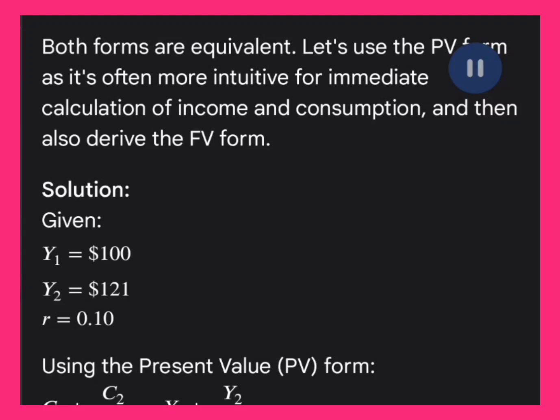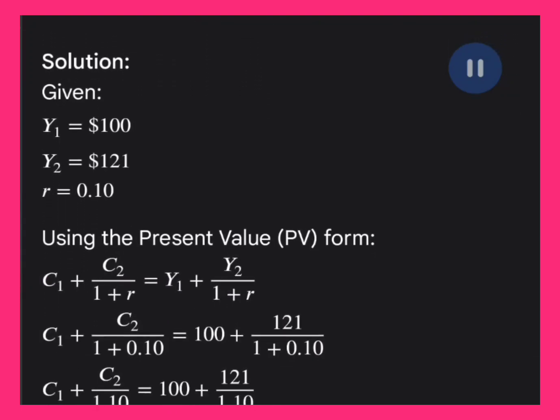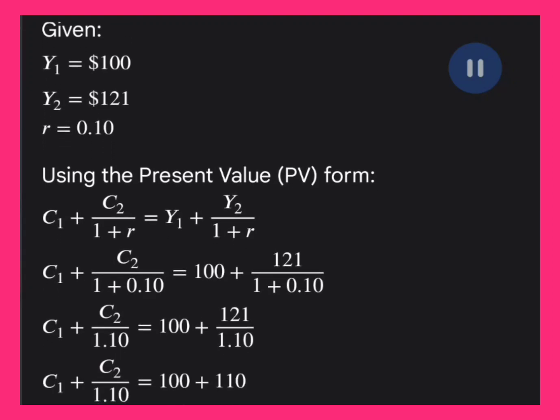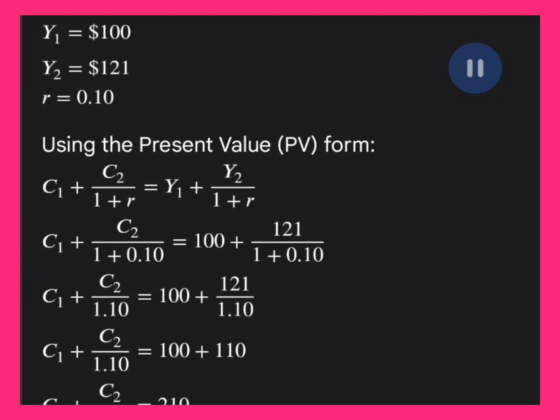Using the PV form, C_1 + C_2/(1+r) = Y_1 + Y_2/(1+r). C_1 + C_2/(1+0.10) = 100 + 121/(1+0.10). C_1 + C_2/1.10 = 100 + 121/1.10. C_1 + C_2/1.10 = 100 + 110. C_1 + C_2/1.10 = 210.